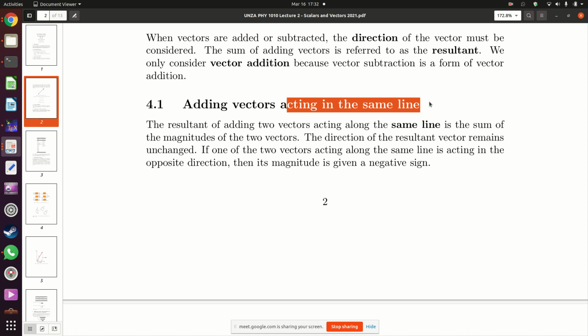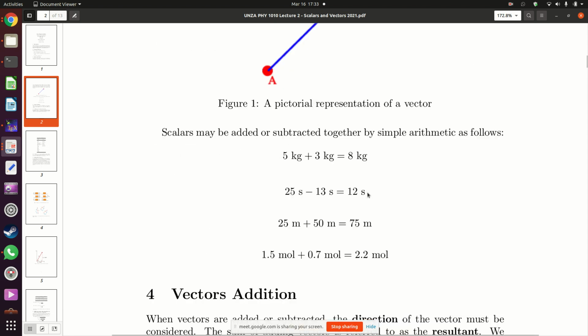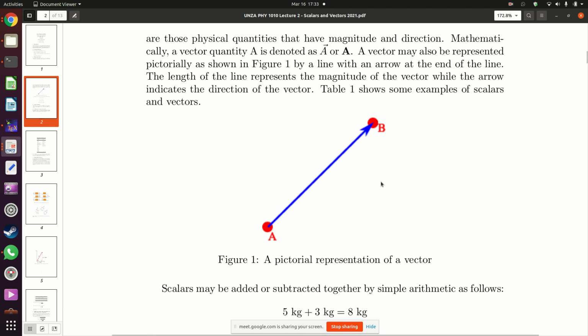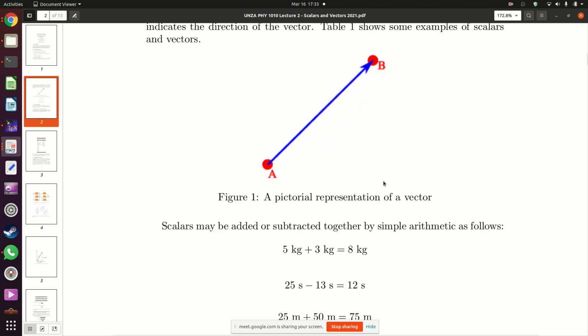Vectors pointing in the same direction do not necessarily have to be in the same line, they have to be parallel. If vectors are parallel, it means that they are pointing in the same direction. Are we clear?